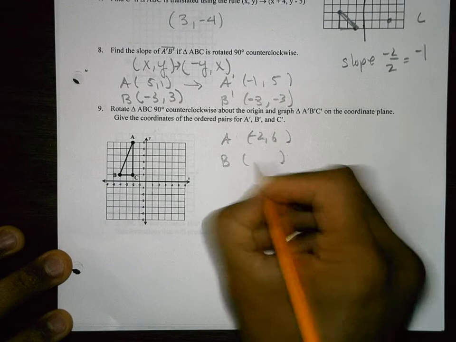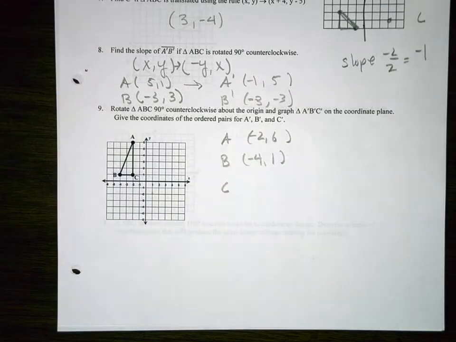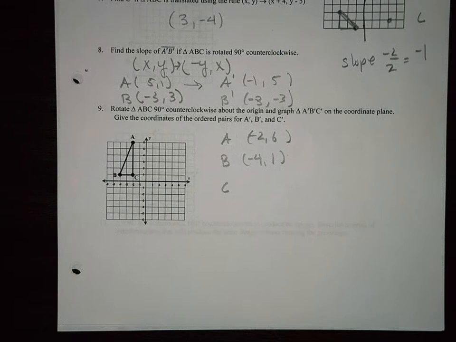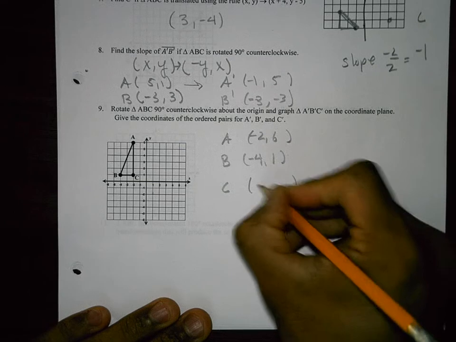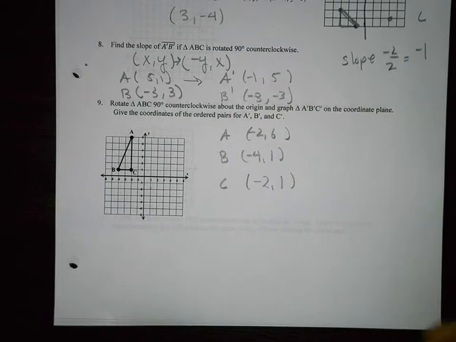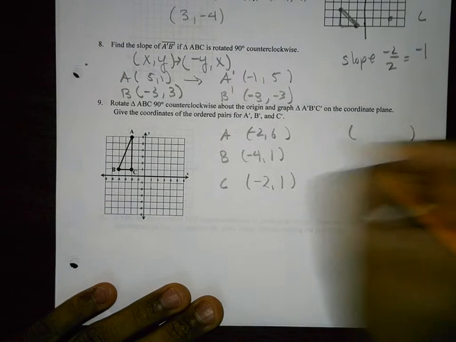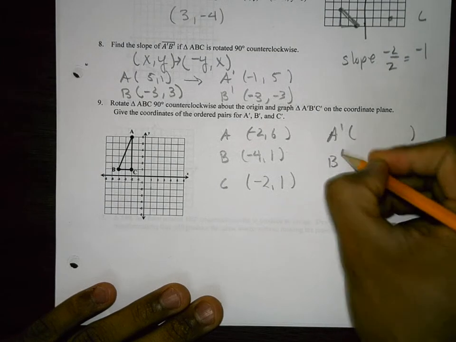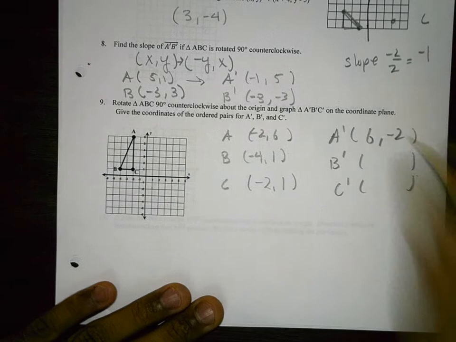B is the point negative 4, 1, and C is the point negative 2, 1. 90 degrees tells me to rotate them, so switch them around.